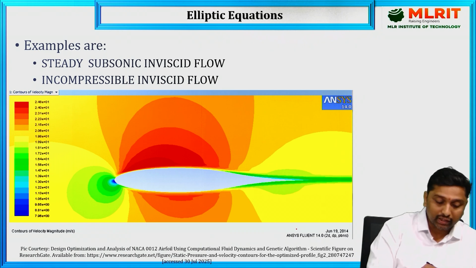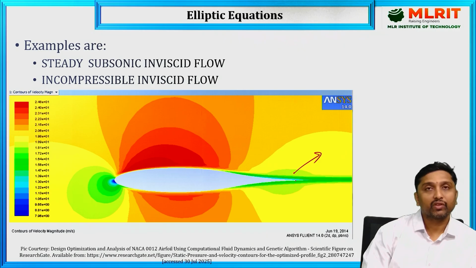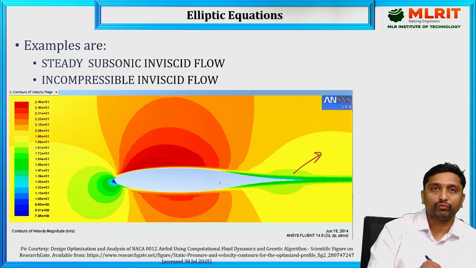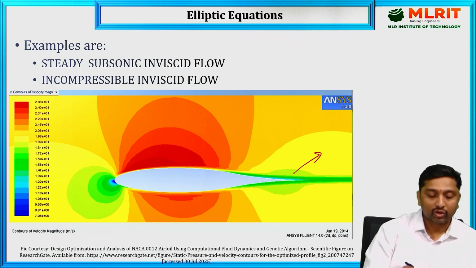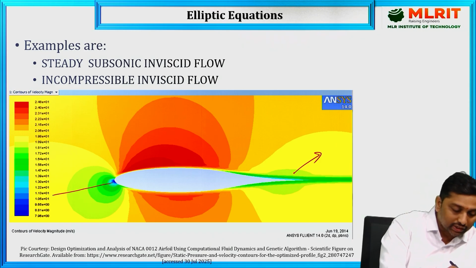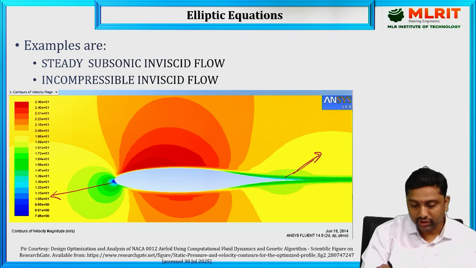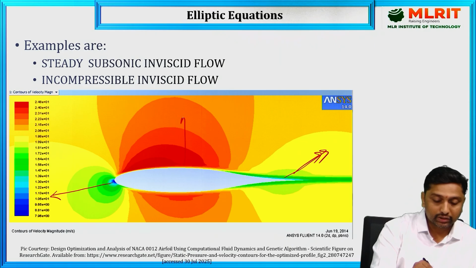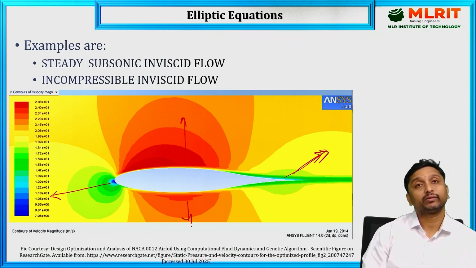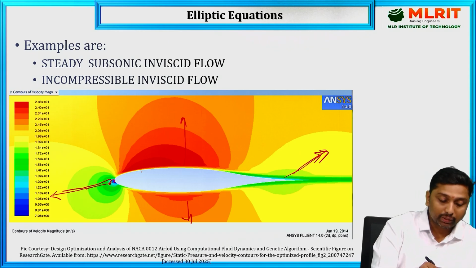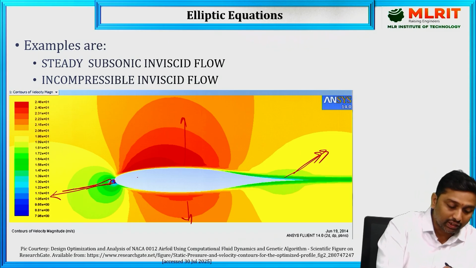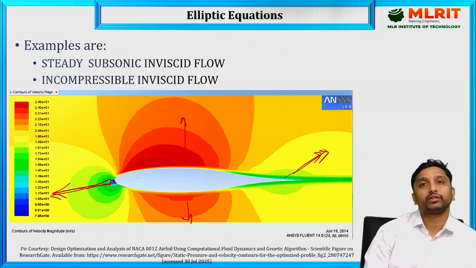You can see that the disturbance is traveling downwards. This represents the contour of the flow field velocity around the airfoil. You can see that the velocity is changing in this direction, as well as in this direction. This shows that the presence of the object is felt even in the upstream characteristics.